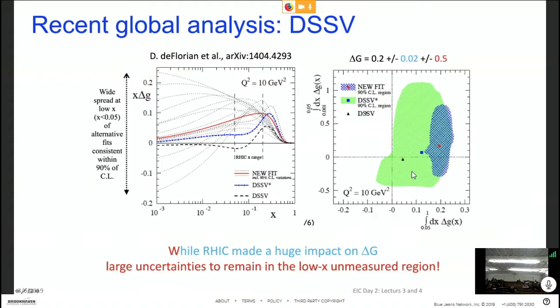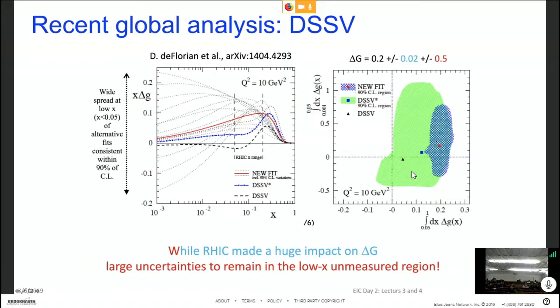So you can see that before the RHIC data, we had a large uncertainty in both directions. The green blob is shown here, with a small value of gluon distribution shown by the blue. After the experiment, we have reduced the uncertainty in the region where we have made measurements, the x range in the blue region, and that is shown by the reduction in uncertainty in the x dimension.